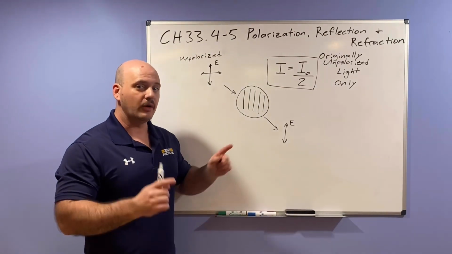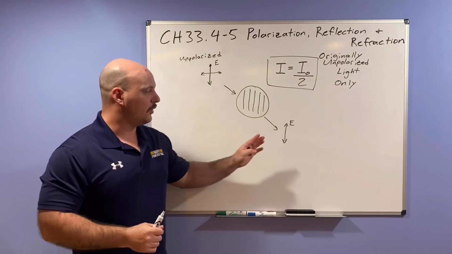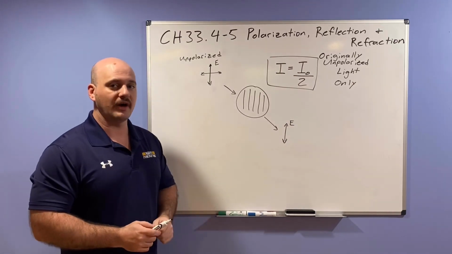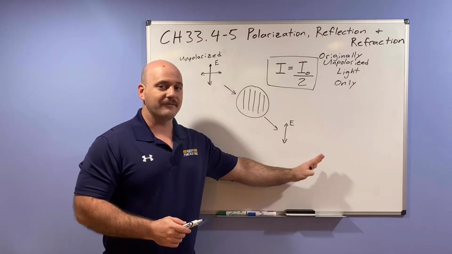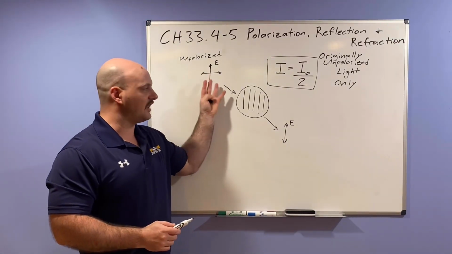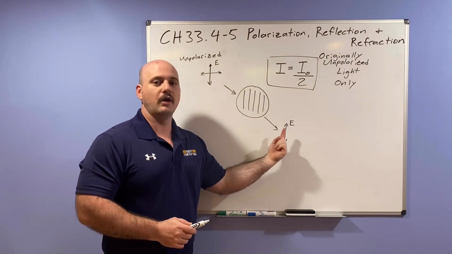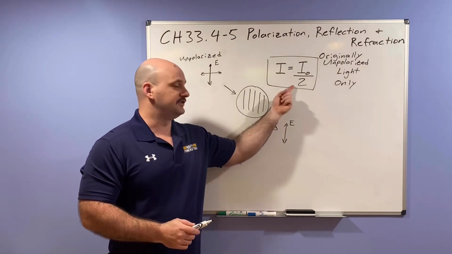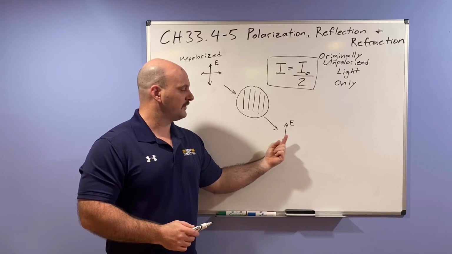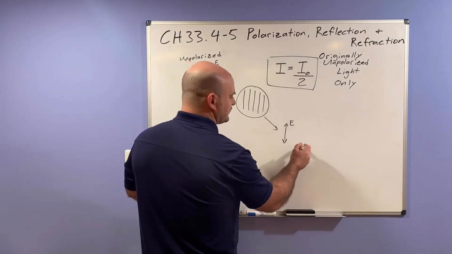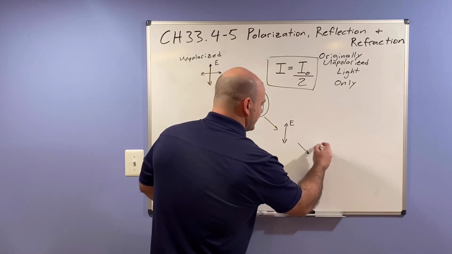Now imagine, like we saw in the video, we place a second polarizer after this first one. So we have unpolarized light. The first sheet orients the light all in one direction. It decreases the intensity by 1/2. And now we place a second polarizing sheet at some angle.